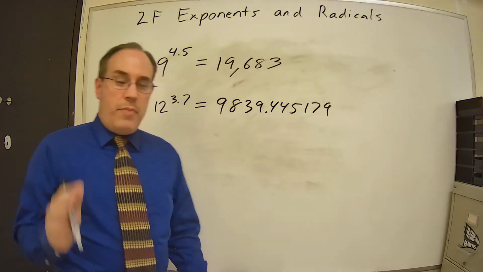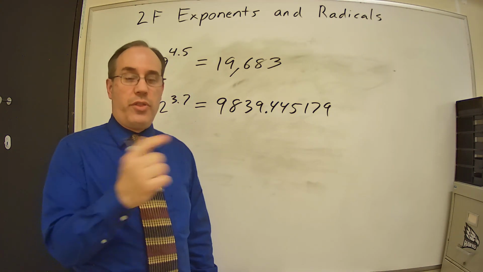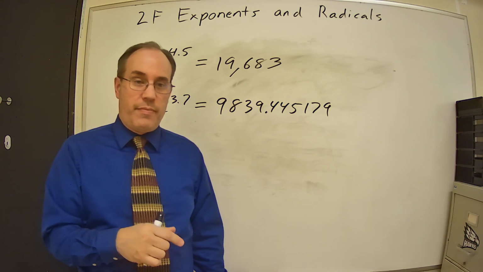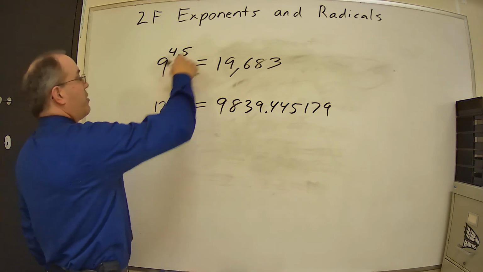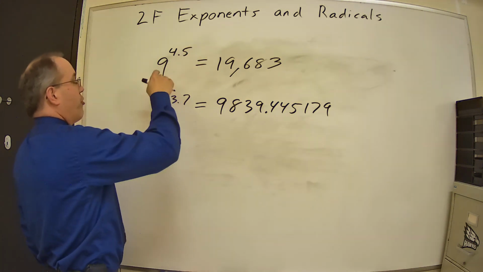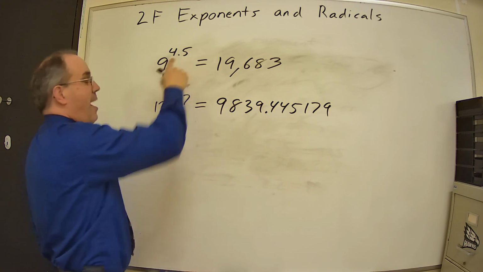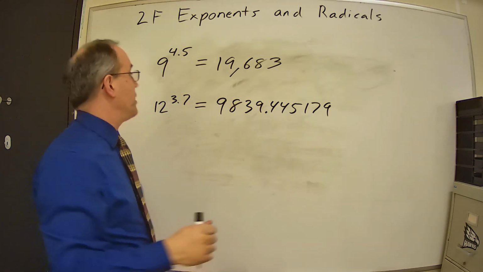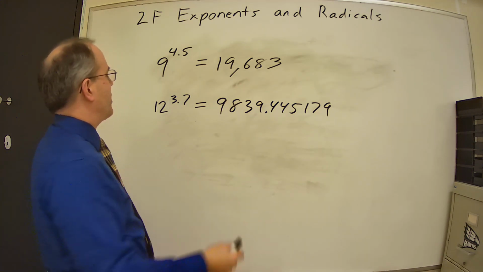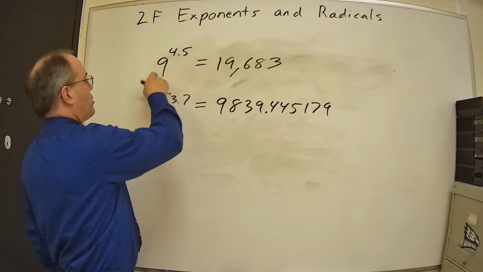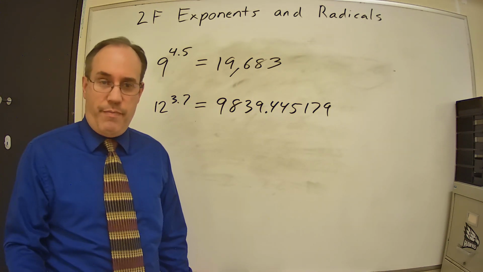Now, one of the main things I want to point out to you about dealing with exponents: just keep in mind that you're multiplying this number, the base, together that many times. So it means you're going to take 4.5 nines, which is hard to say in decimal form for an exponent. But remember, it's multiplying that base number together again and again and again.